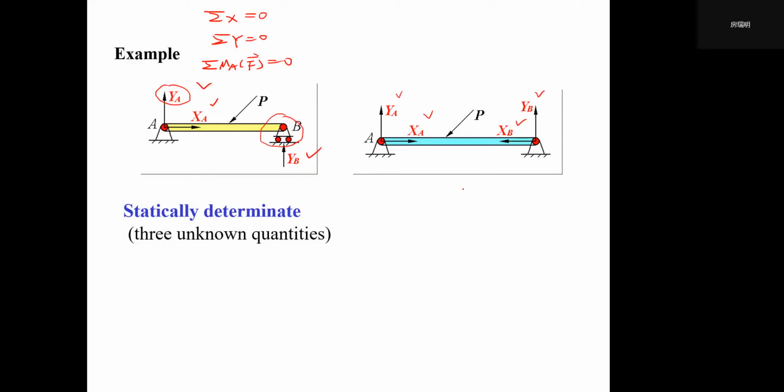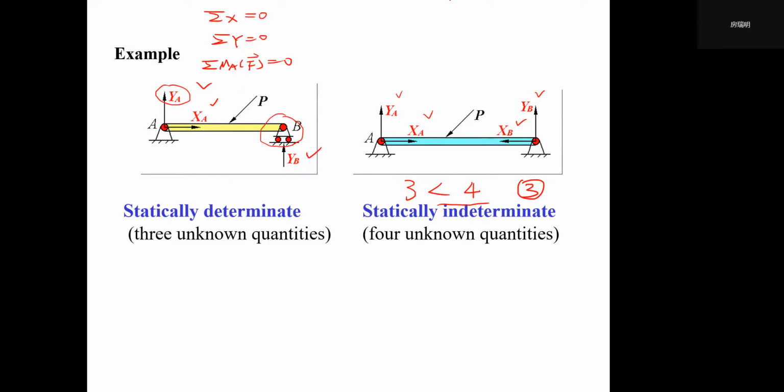So the number of unknown quantities is 4, but we only have 3 equations. You see? So our number of equations is less than 4. So this is the so-called what? Statically indeterminate problem.